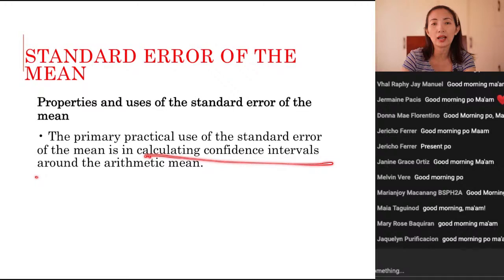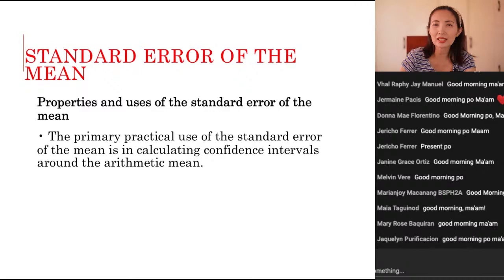It may be less than or greater than the sample mean. But if we want to establish confidence intervals, how confident are you? I'm 95% confident that the population mean is from this value to this value. But how do we establish that interval? That's the next part.